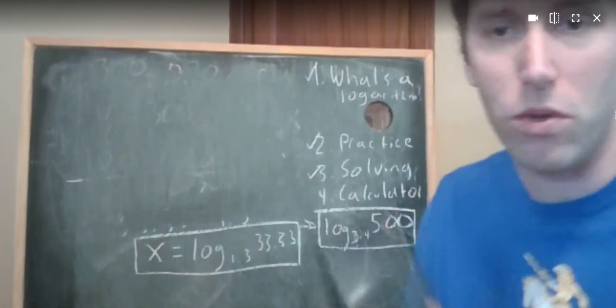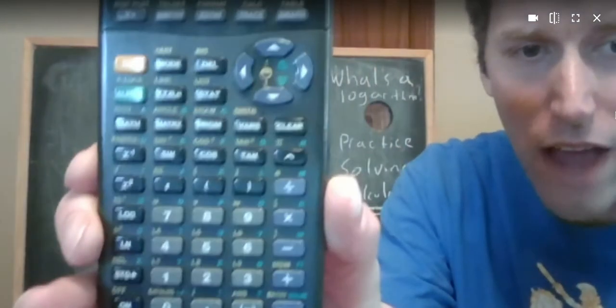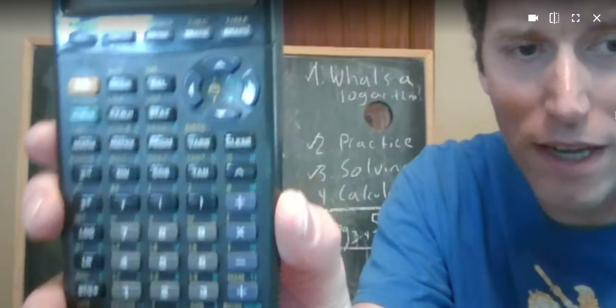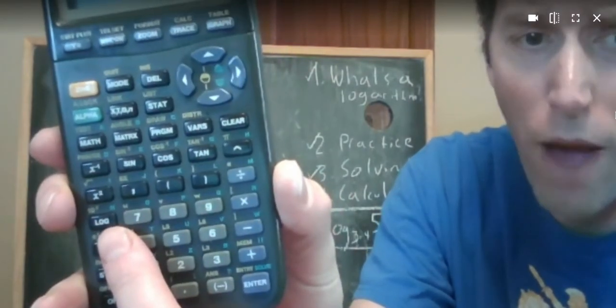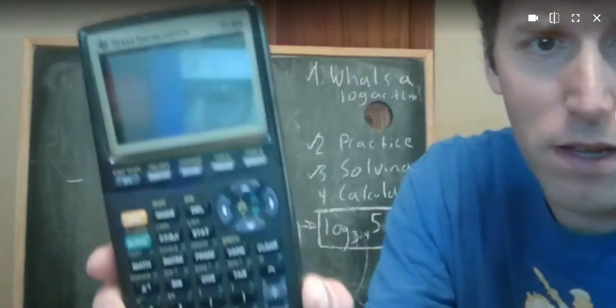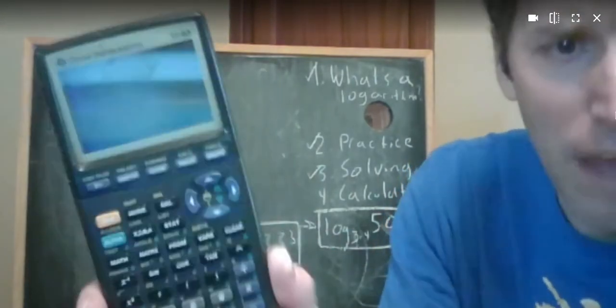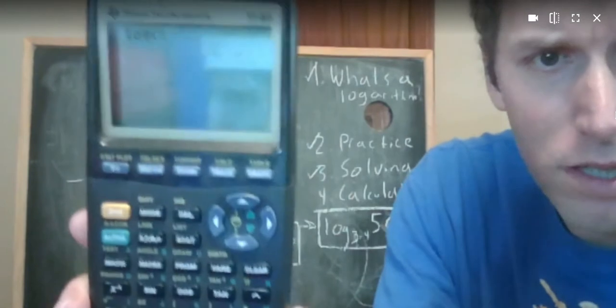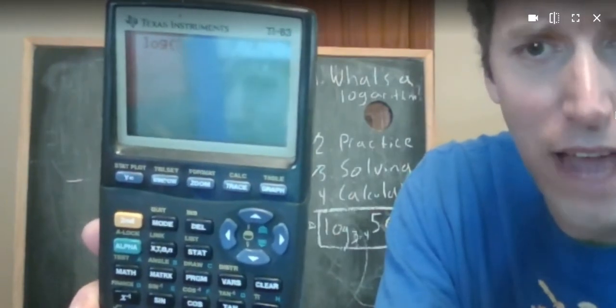So I'm going to use my calculator. Now, this calculator actually does have a log button. There it is, log. But if I press that button, it just says log. It doesn't say log base something, and it doesn't give me a place to enter the base.